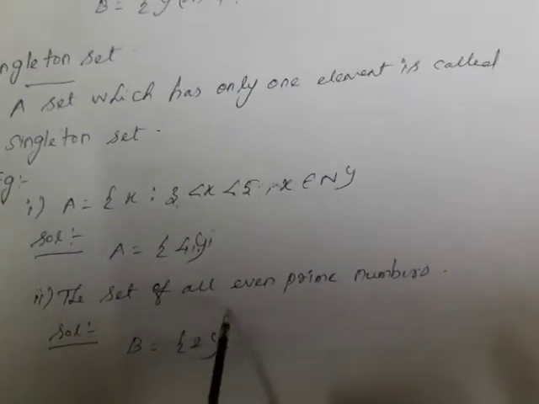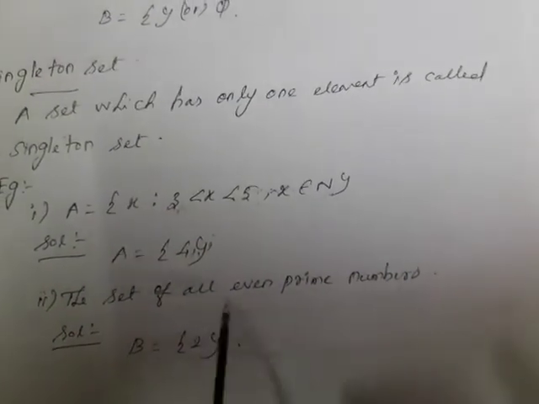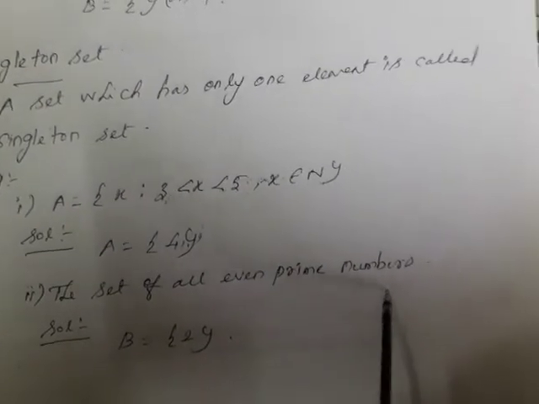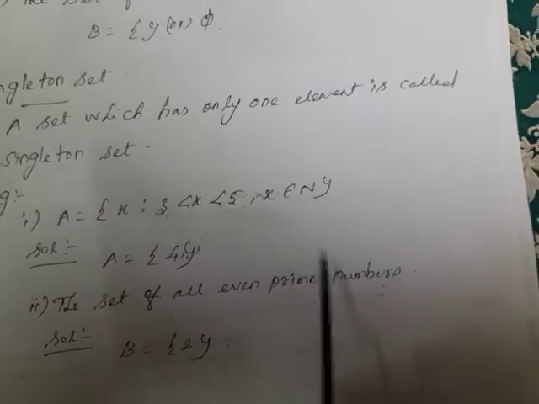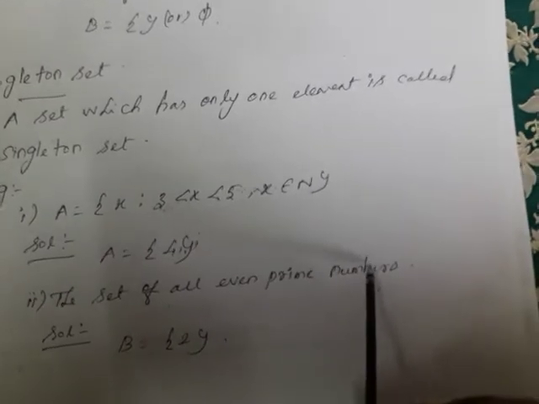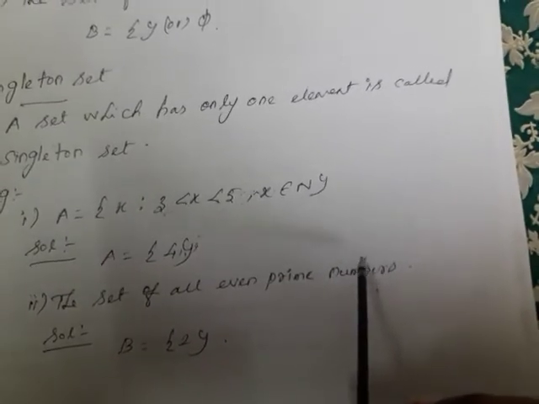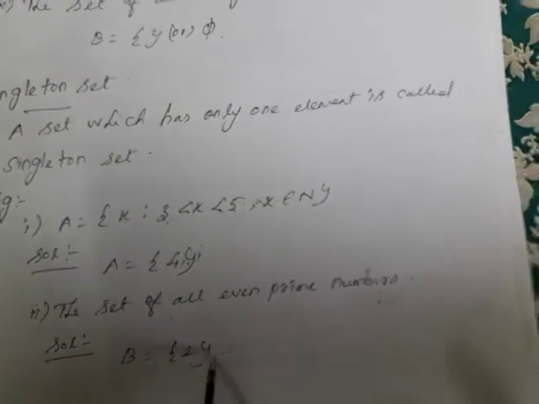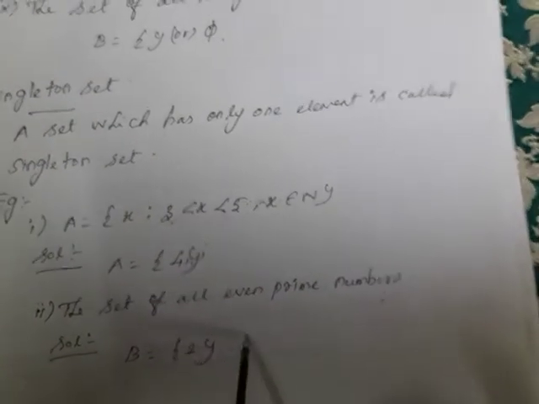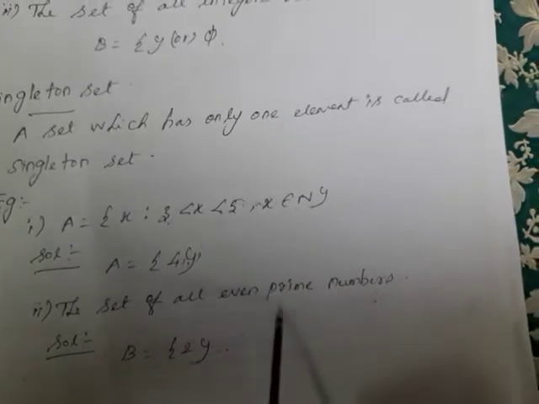The next example: the set of all even prime numbers. How many even prime numbers are there? Only one. The remaining prime numbers are all odd primes. What is that prime number? 2. 2 is the only even prime number.